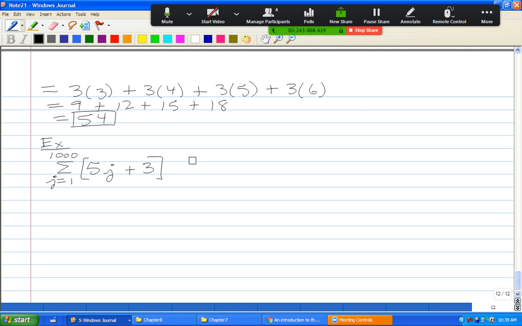So I have that this is equal to 5 times the sum, j equaling 1 to 1,000, of j, plus the sum, j equaling 1 to 1,000, of 3.